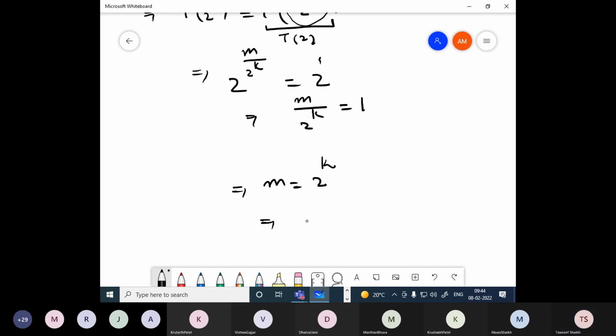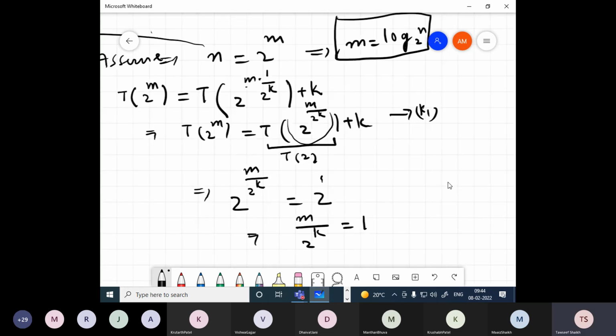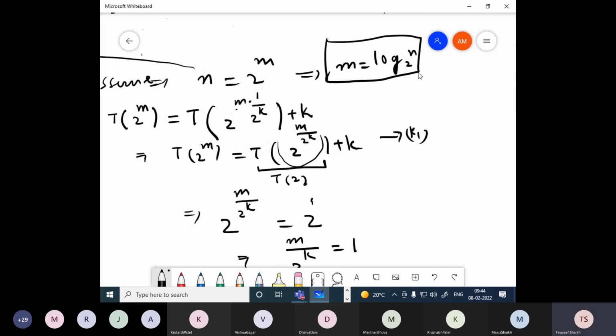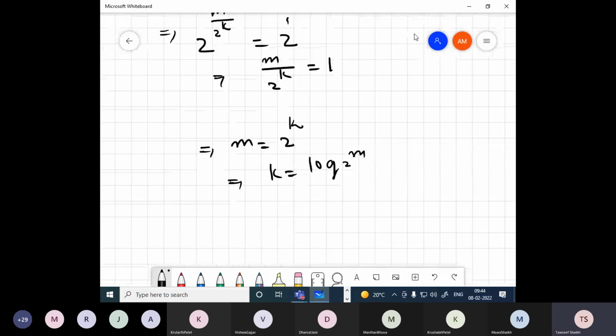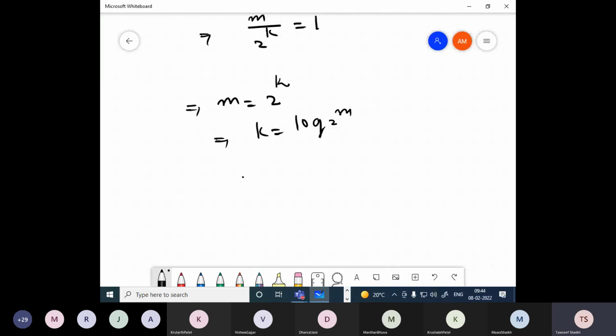And k will be equal to log m to the base 2. And my m was equal to log n to the base 2. Substituting the value of m in this equation, it will become equal to log of log n to the base 2.